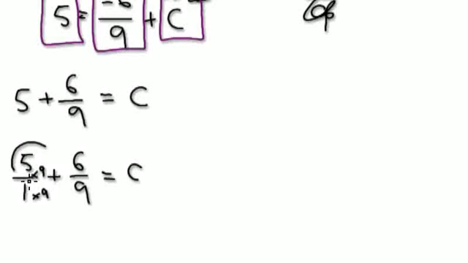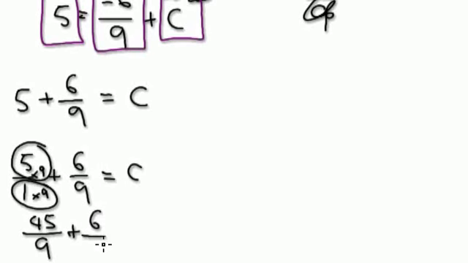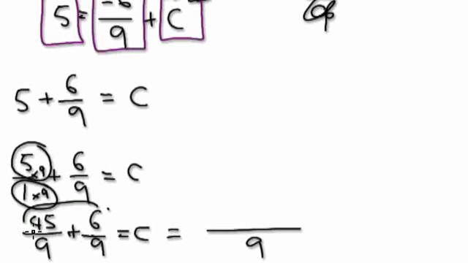So this bit here will be 45 over 9, and then 6 over 9 here equals c. Now the two denominators are the same, we can just merge the two. Merge the two top parts here, so that would be 51.